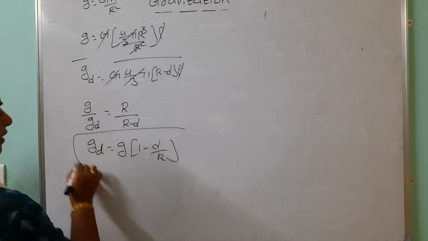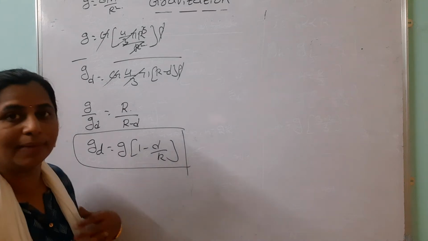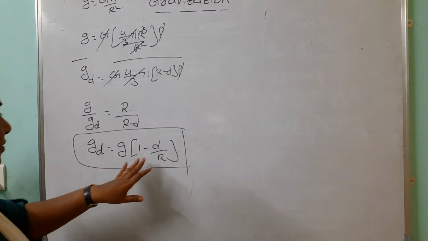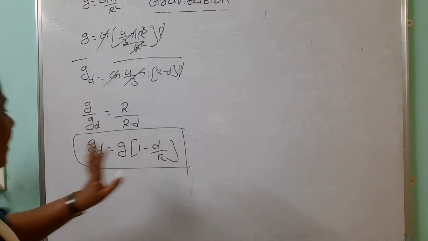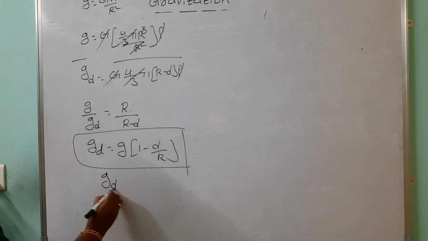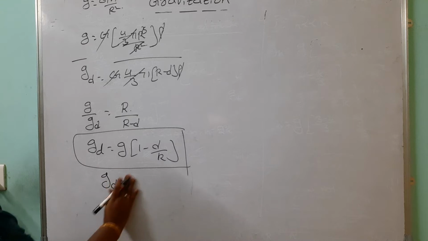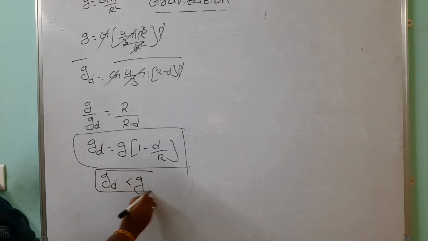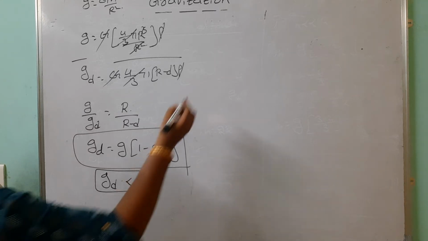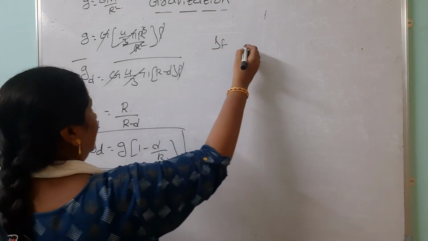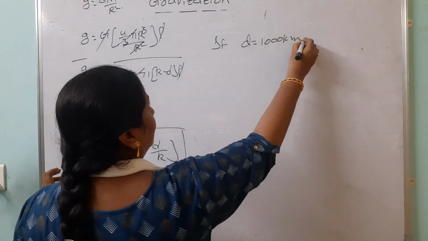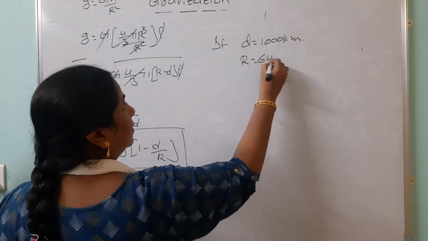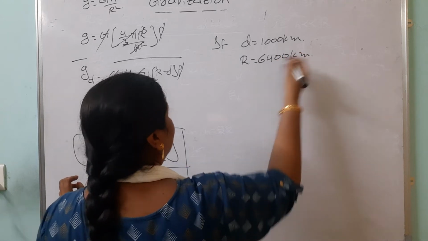It is common, and you use it even when going into mines. The acceleration due to gravity decreases here. There is a minus, no? g minus something means it is decreasing. So you will say that g_d is less than g when we are going inside the mines. Suppose d equals 1000 kilometers, and you should remember that the radius of the earth is 6400 kilometers.